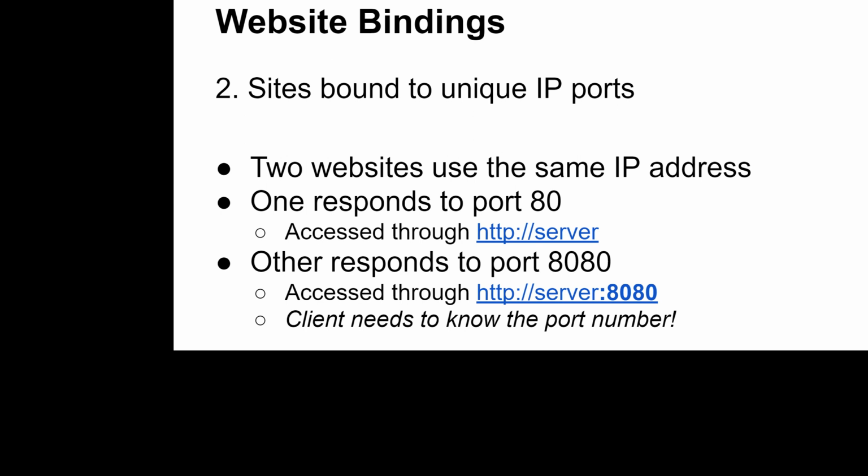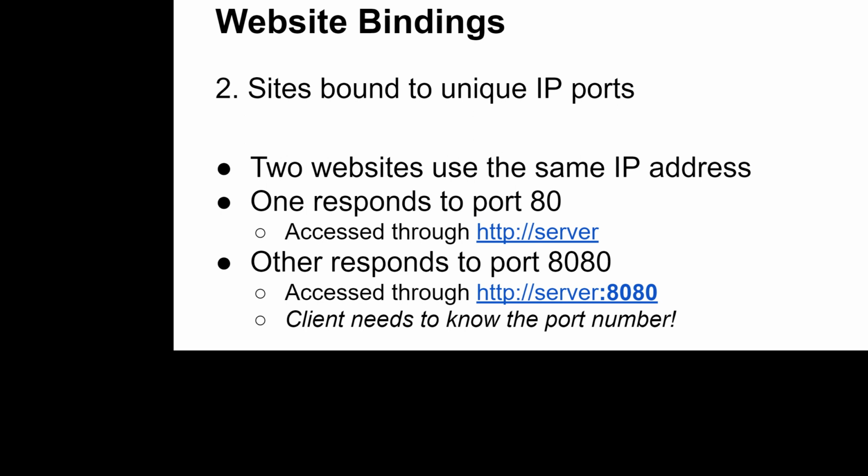You could assign maybe a third website to listen to port 8000, or port 1337, or whatever port you want to configure. As long as that port is not used by any other server process on that server, then the server, IIS or Apache, should hear any requests coming through that particular port and respond with that particular website.